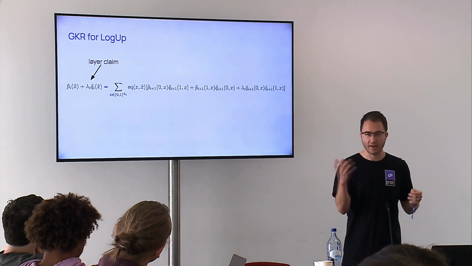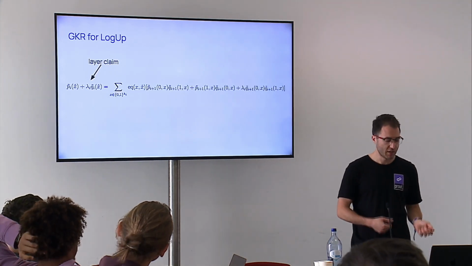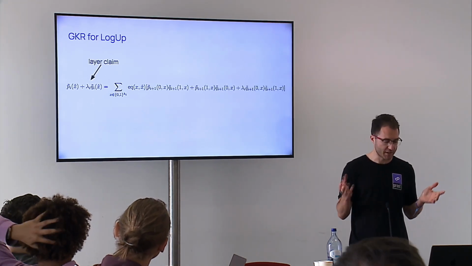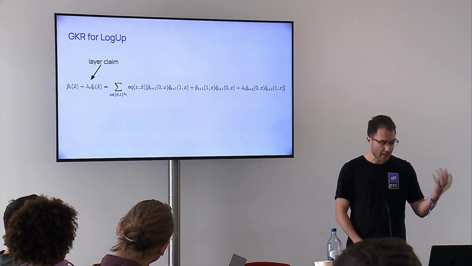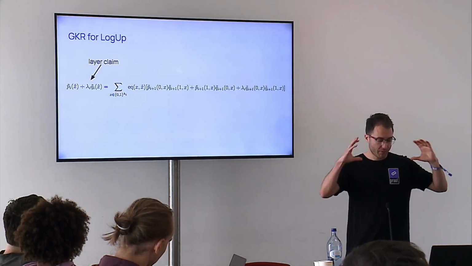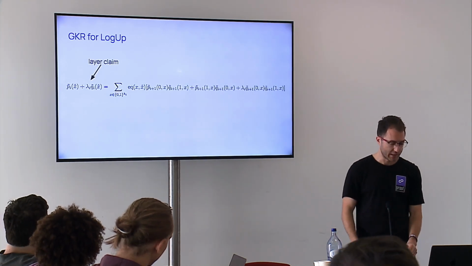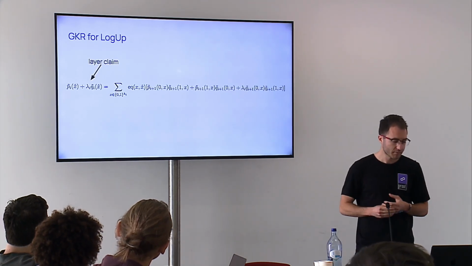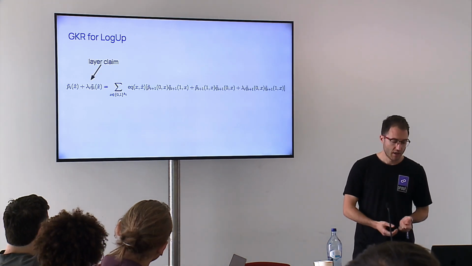That lambda is random, so we're looking at a random linear combination. And then when you actually work it out with the sums and all that, you get this on the right. You get the EQ function times the P plus lambda times the Q. This is a copy paste of P plus lambda and then a copy paste of Q. So this is our sumcheck problem that we run at every layer.